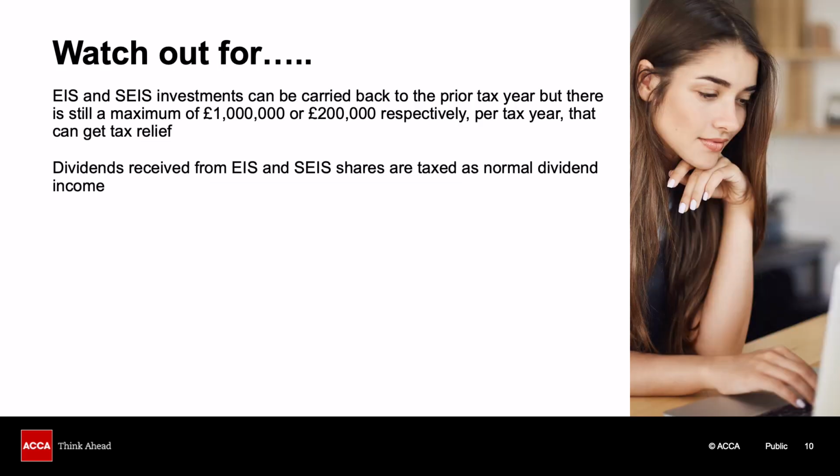A couple of things to watch out for with these investments from an income tax point of view are that EIS and SEIS investments can be carried back to the prior tax year, but there is still a maximum of £1 million or £200,000 respectively per tax year that can get income tax relief on it. And any dividends received from the EIS and SEIS shares are just taxed as normal dividend income.